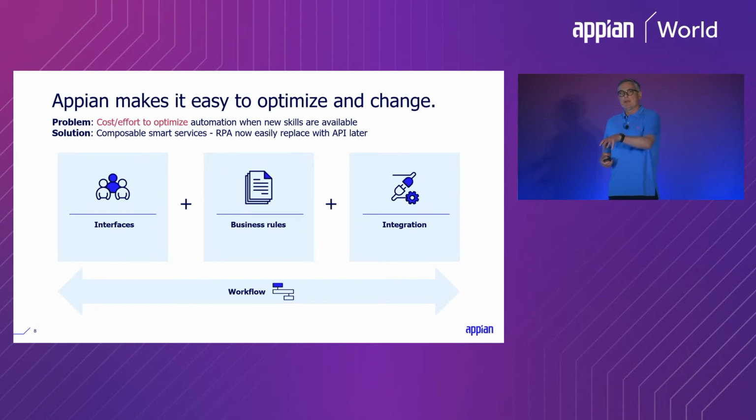You put that integration into a call integration smart service, and you basically delete the smart service for RPA. Pass it the same parameters, hopefully you've requested and designed it in such a way that the endpoints that you're passing to and from that API are the same. Just match those up to the same process variables that you had.